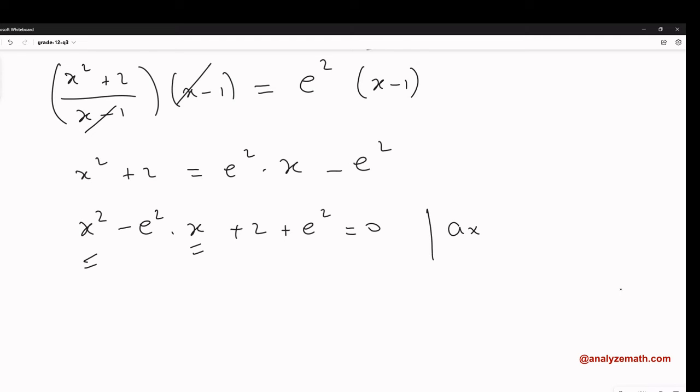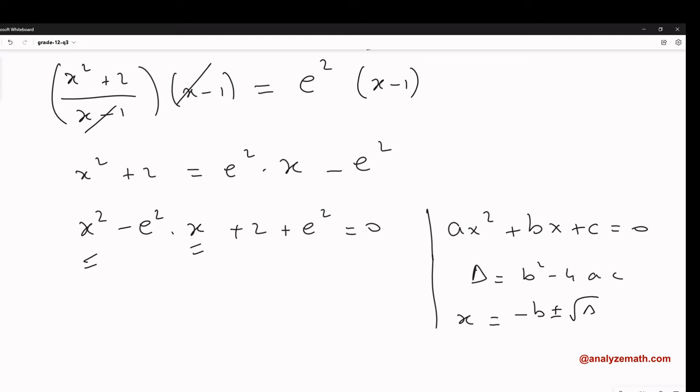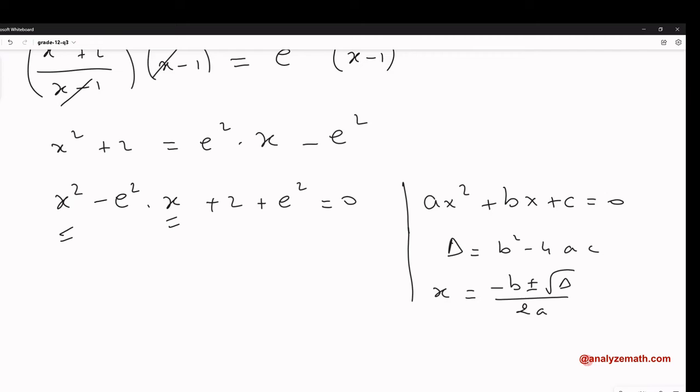Now a quadratic equation of the form ax² + bx + c = 0 has a discriminant delta equal to b² − 4ac, and has the solution given by the quadratic formula, x = (−b ± √delta)/2a. A quick review. So we go and find our a, b, c here. a is the coefficient of x², which is 1. b is the coefficient of x, which is −e².